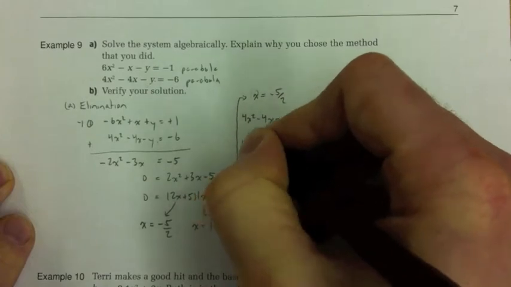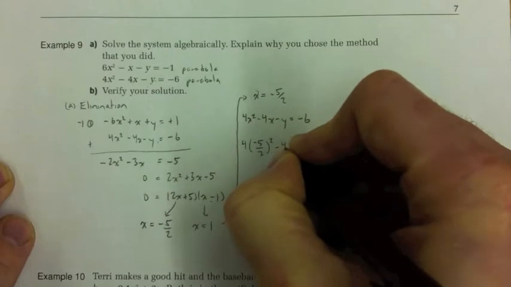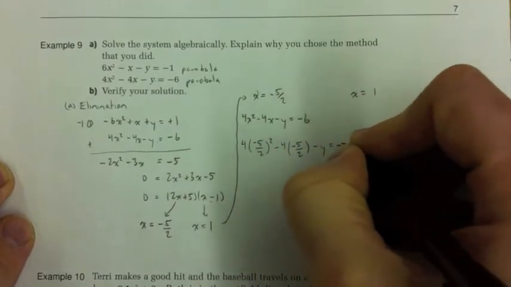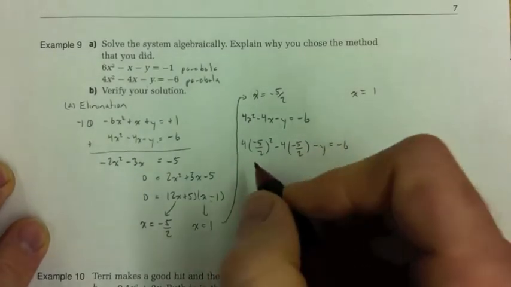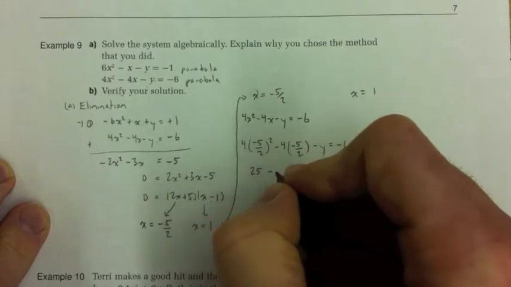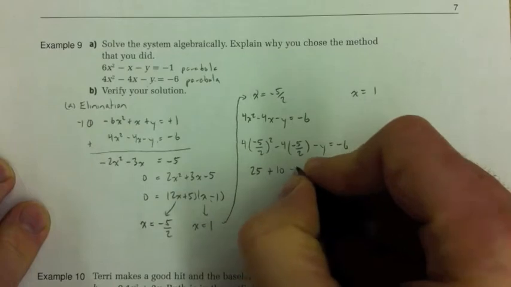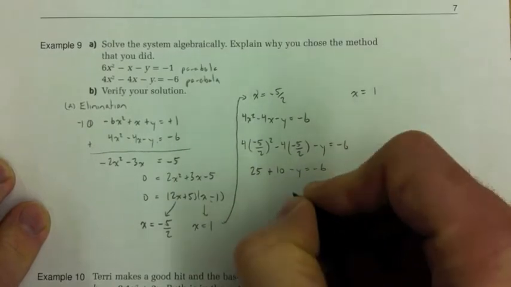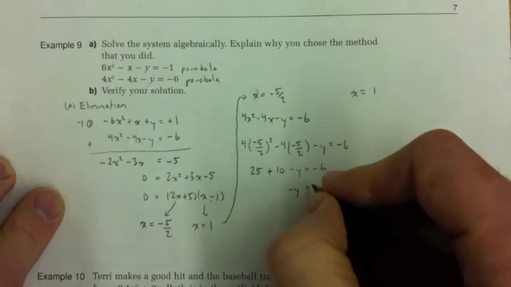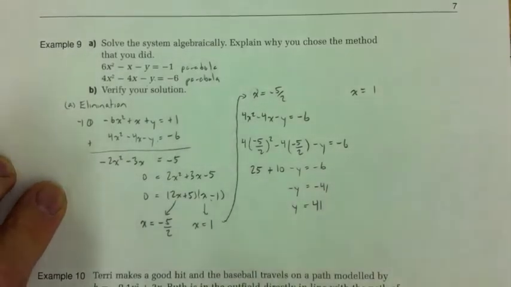So we get 4 times negative 5 over 2 squared minus 4 times negative 5 over 2 minus y equals negative 6. This gives us 25 plus 10 minus y equals negative 6. So negative y is equal to negative 41, or y is just 41.